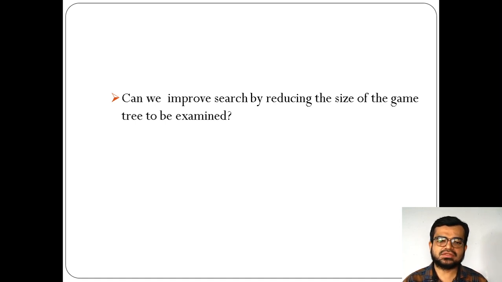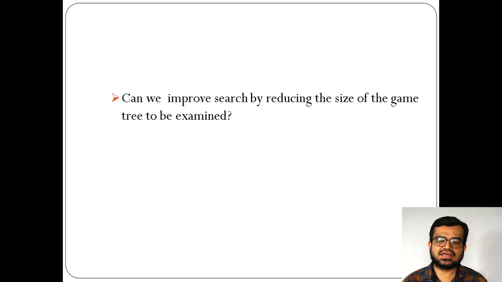The problem is the size of the game tree. For example, in the last class I told you about chess, and how large the game tree will be if you take all the possible states of chess. So we need to use strategies where we can reduce the size of the game tree.